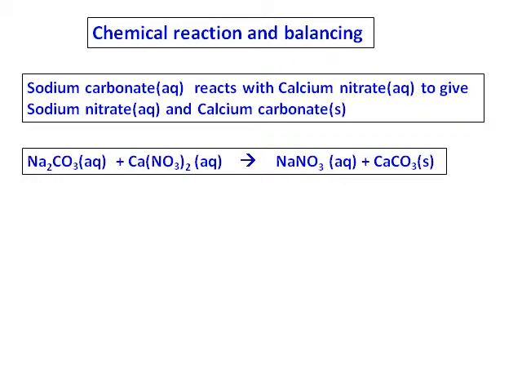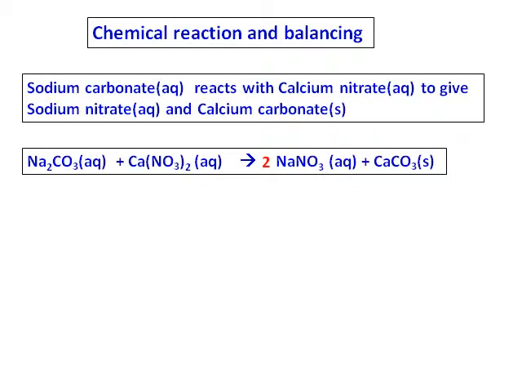And in order to balance this, if you observe carefully, the number of atoms of calcium on both sides is the same. Nitrate, we have 2 on the reactant side and 1 on the product side. Carbonate is also the same. Sodium, we have 2 on the reactant side and 1 on the product side. So the equation is simple to balance. If I just put a 2 in front of NaNO3, it is balanced.